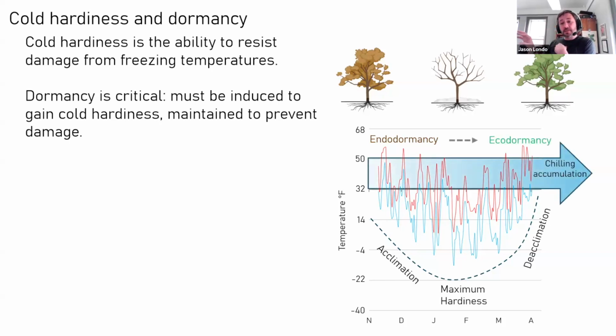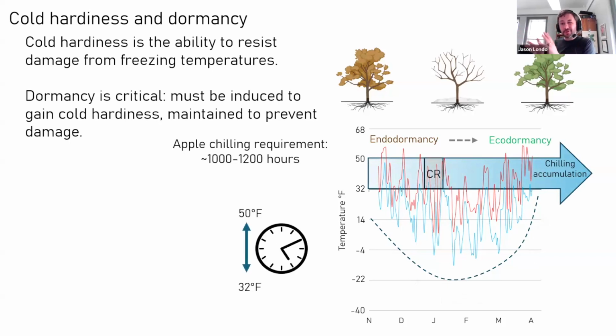As we go through winter, the trees are exposed to chilling hours, which are temperatures between 32 and 50 degrees Fahrenheit, depending on which chill model you use. The idea here is that the trees track the length of winter by adding up all of the hours they spend within that temperature range between 32 and 50 F.